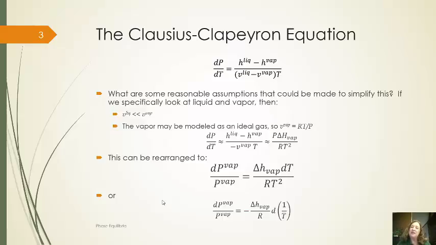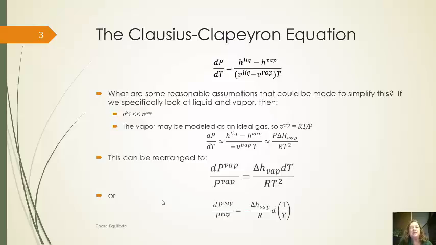Next, I can look at the vapor volume, and I remember that a vapor is a gas, so why not try modeling it as an ideal gas? Now this is probably the worst assumption that we make in this derivation. But the specific volume of my vapor is RT over P. So let's substitute that in.